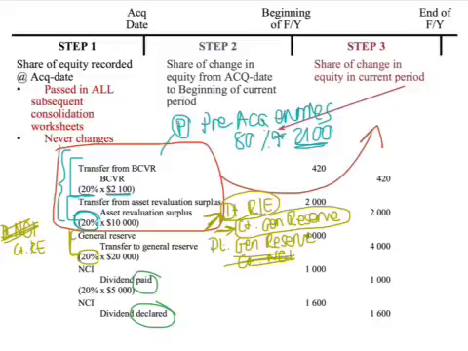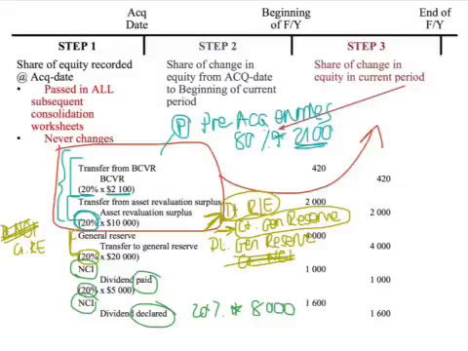So when dividends are paid or declared, we'll see that the NCI is going to be reduced by those dividends that were paid or declared. So in this case, it was 20% of the dividends that were paid in the current year, and then 20% of the dividend declared, which was $8,000. Okay, so you can see then which entries make up Part A to Step 3.